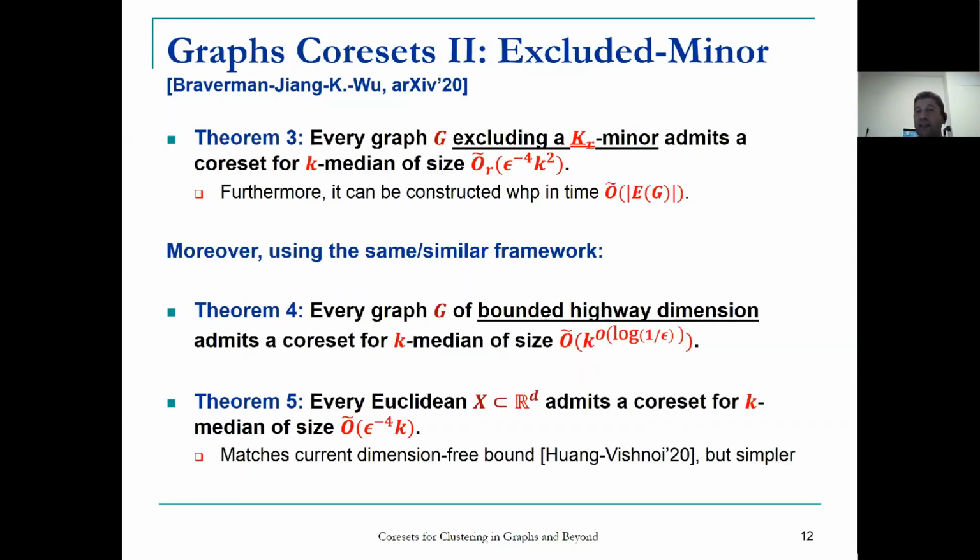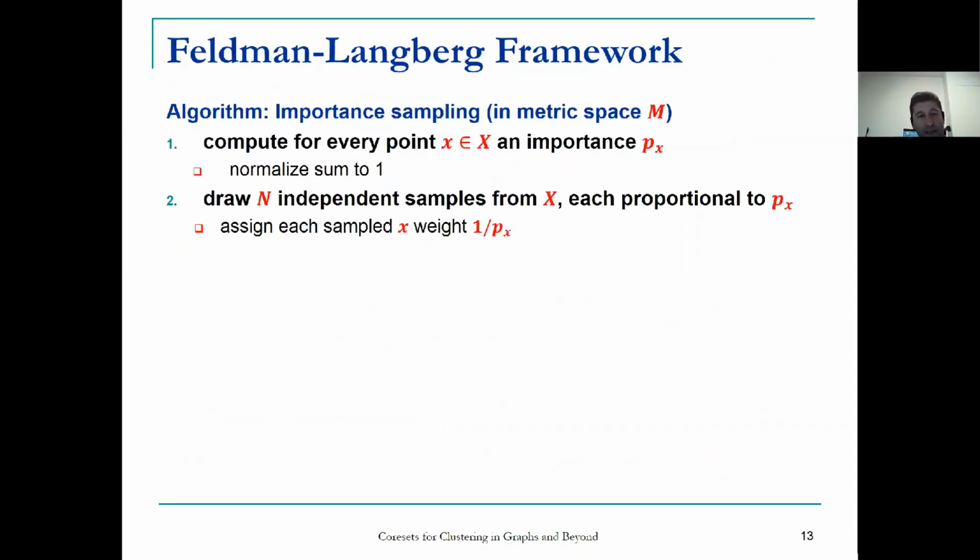Okay, so I want to tell you a little bit about the techniques of all these results. Let me use one slide to describe the Feldman-Langberg framework, which is based on importance sampling. Suppose we fix a metric space M, maybe it's a graph, Euclidean, whatever. The idea is to compute for every point some importance score.